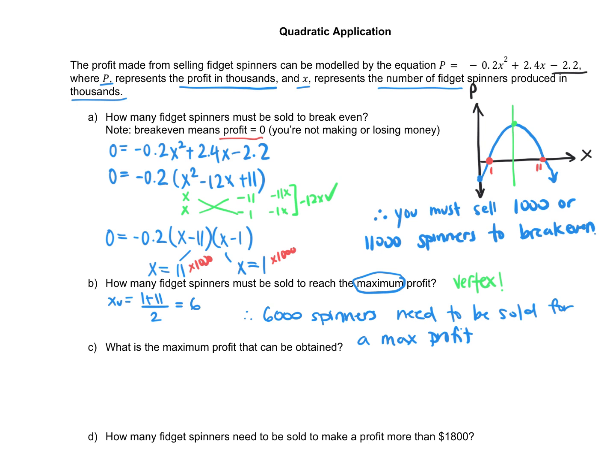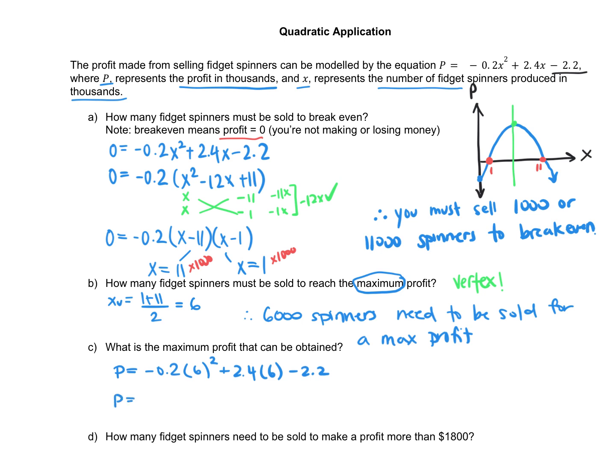And what is the maximum profit? Well, if we know how many spinners need to be sold, let's just replace x with that number. Now, we're not plugging in 6,000, we're just going to plug in that 6 because x is in thousands anyway. So negative 0.2 times 6 squared plus 2.4 times 6 minus 2.2. Now, I put it into the standard form. I could have, of course, easily put it into my factored form as well.